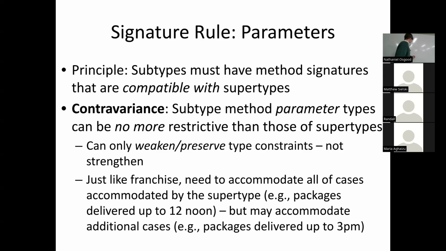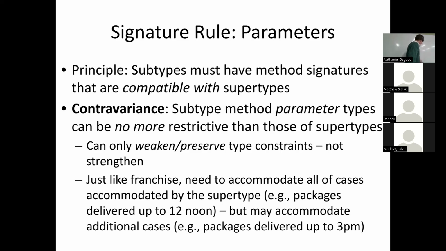D's implementation of foo could take in the same string, right? It could take in a string, right? That'll be fine. That'll be like the subtype allowing the package to be delivered or taken to the outlet by 12 noon. It can take the same expectation.